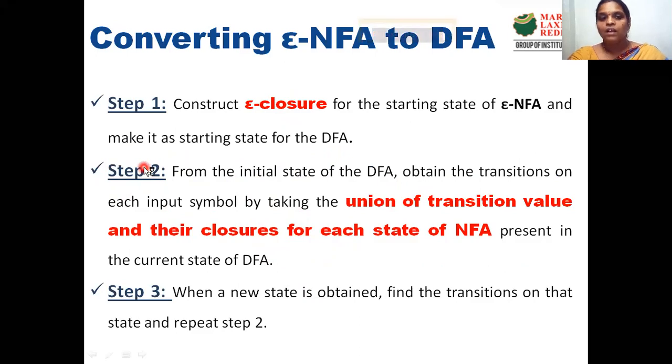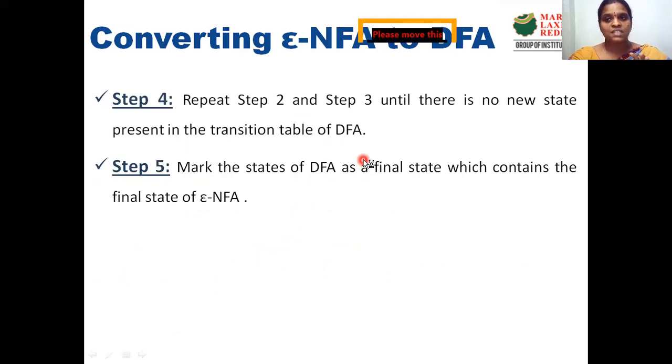Steps 2 and 3 are repeated until there are no new states in the transition table of the DFA. Finally, to say that our DFA accepts the input string, we have to mark the final state of the DFA. The final state of the epsilon NFA is marked as the final state of the DFA.